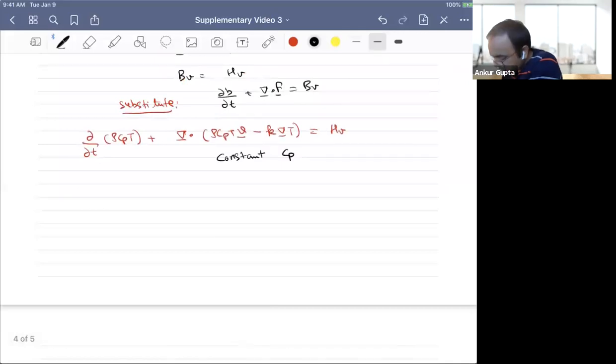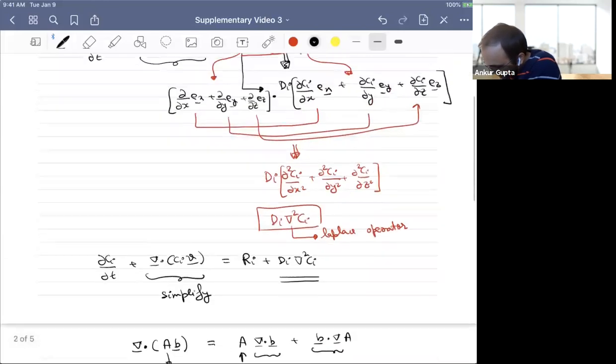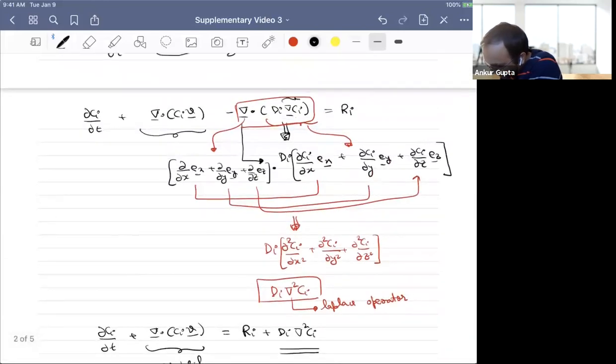I hope you can all appreciate directly from the previous example that this del dot of grad T is simply a Laplacian, because there is a gradient and then a divergence operator. When we had a gradient operator and a divergence operator, we got a Laplacian.